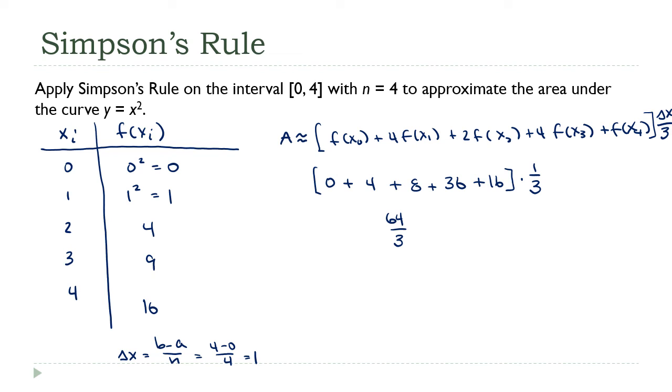And if you figure out the exact area, we know how to do this. This is x cubed over 3 from 0 to 4. Put 0 in there, obviously you're going to get 0. 4 cubed is 64 thirds. And look at that. Simpson's method gave us the exact answer.